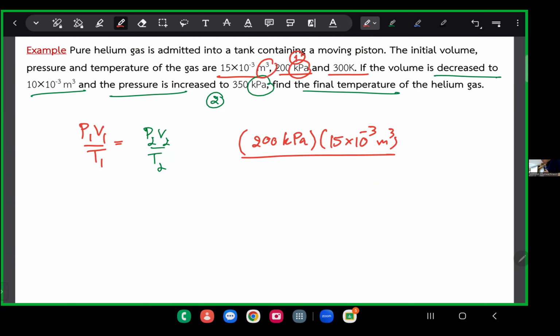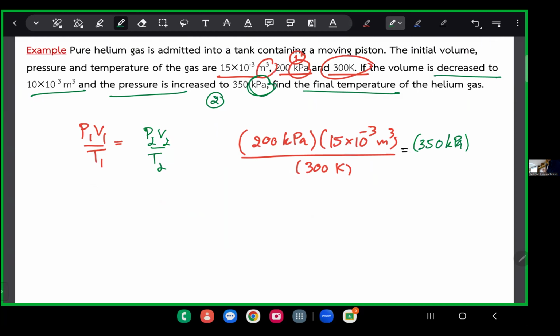divided by, the only thing that is sort of annoying is temperature. You cannot use Celsius whatsoever, right? You have to use Kelvin all the time. So this one is already given in Kelvin, so this is good. Put it there. Now you equate this to the right-hand side. Now P2, it's already in kilopascal, so that number is good. 350 kilopascal, all right?